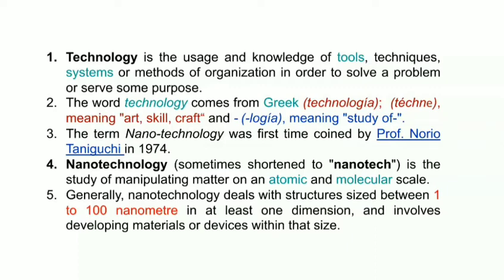Generally, nanotechnology deals with structures sized between 1 to 100 nanometer. Now you know how small 1 nanometer is compared to 1 meter. So 1 nanometer to 100 nanometer, this is the region. And it applies in at least one dimension, because we are living in a three-dimensional world.